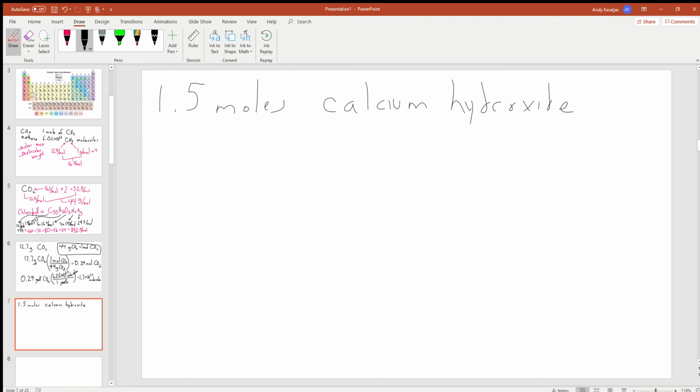And I want to know the mass of it. Well, the first thing we're going to have to be able to do is convert calcium hydroxide from its name back to a chemical formula. And we can do that. Ca2+, hydroxide is -1, so we get Ca(OH)2.